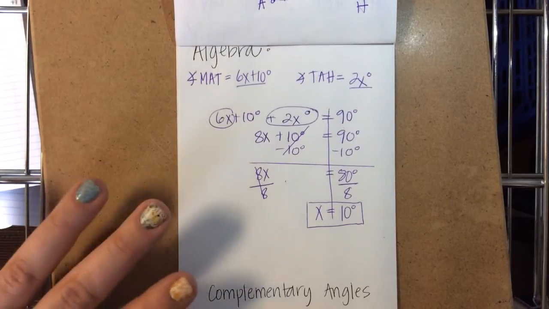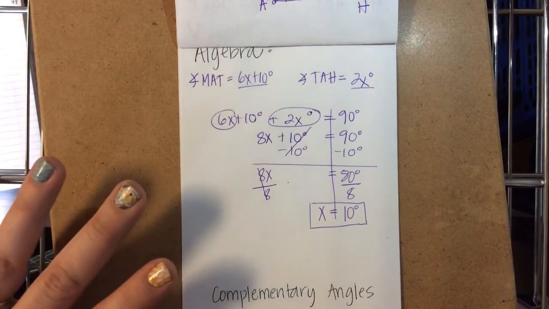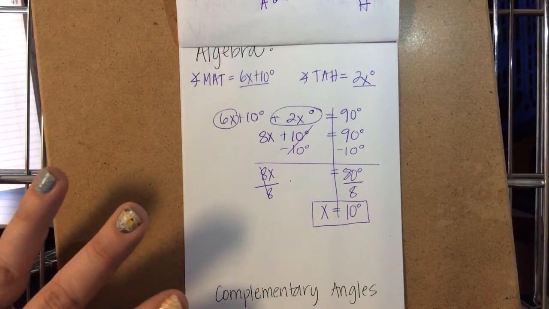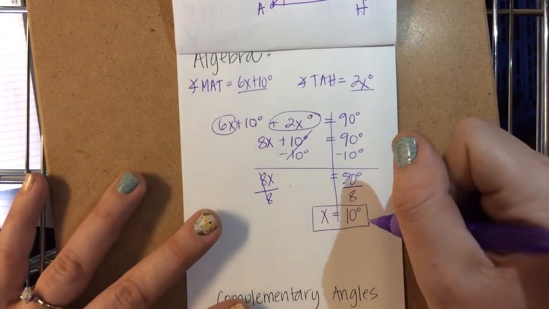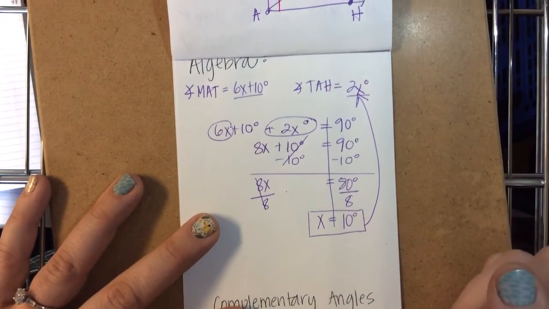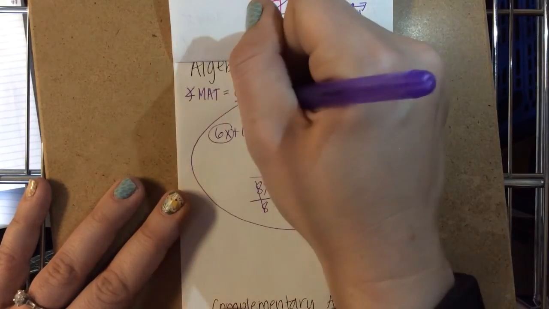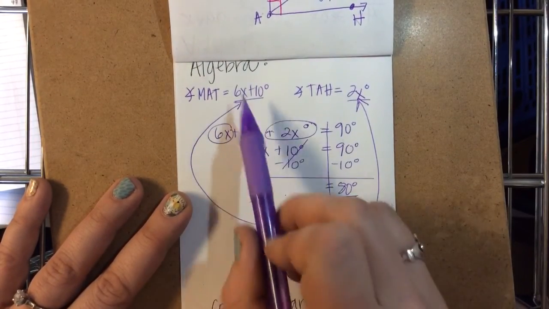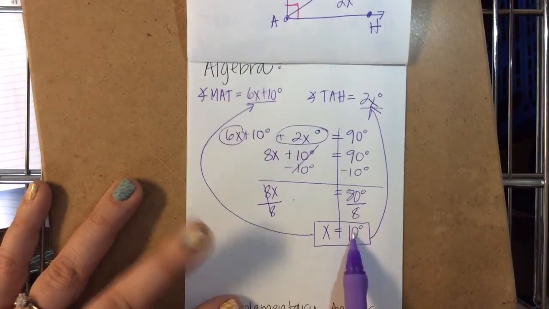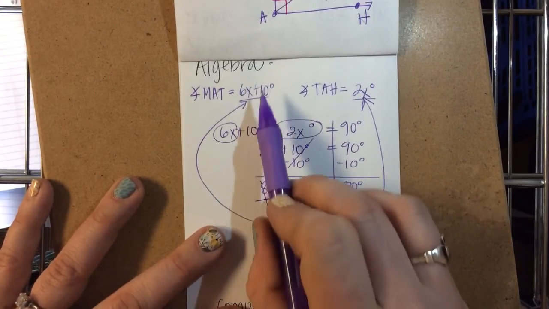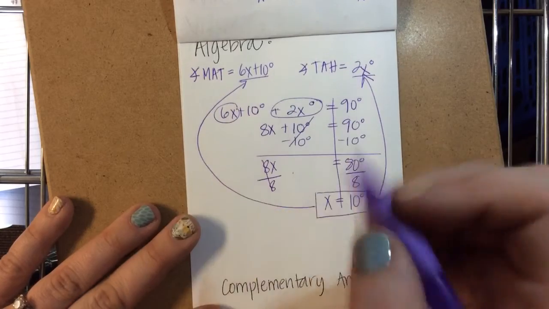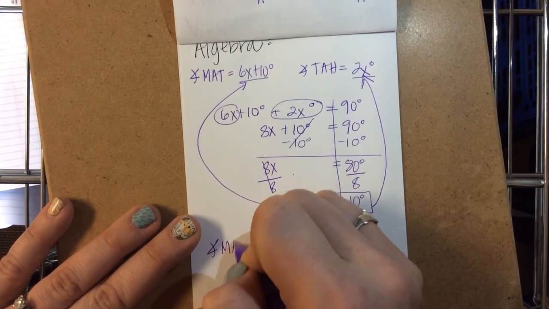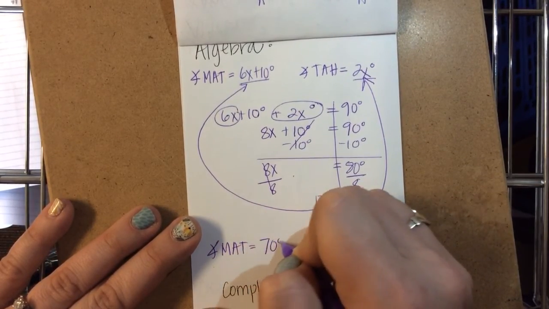Wait a second, what? I just did all that work. How come that's not my answer? You have to substitute the x, take that value and put it back into my original value. 6x means 6 times 10, which is 60, plus 10 is 70, so angle MAT equals 70 degrees.